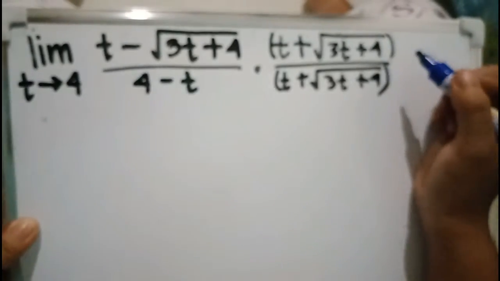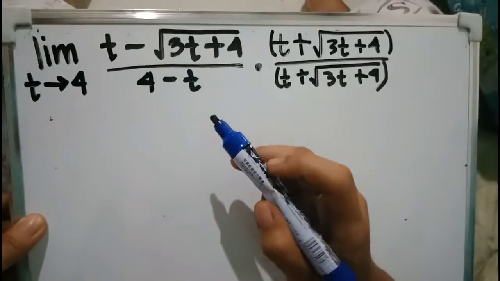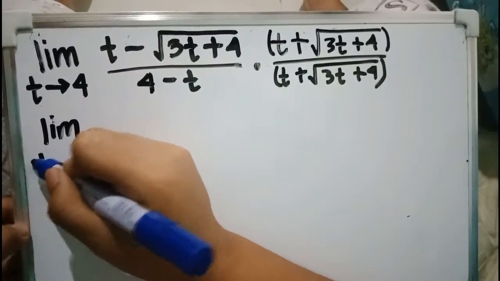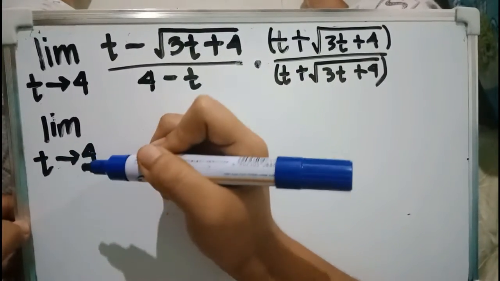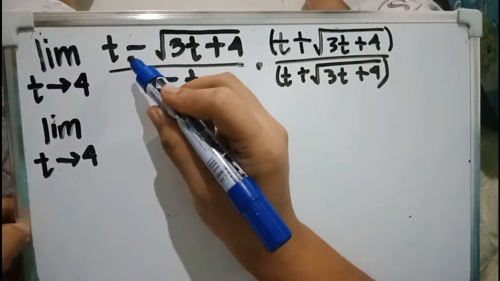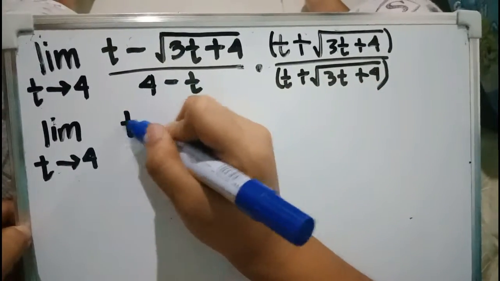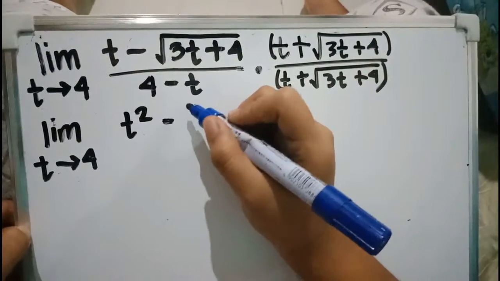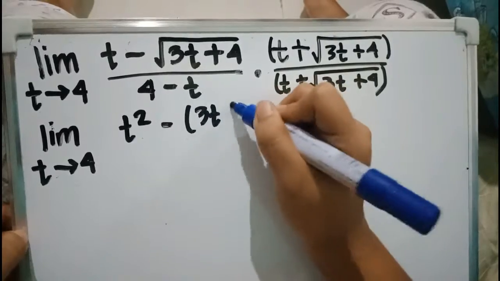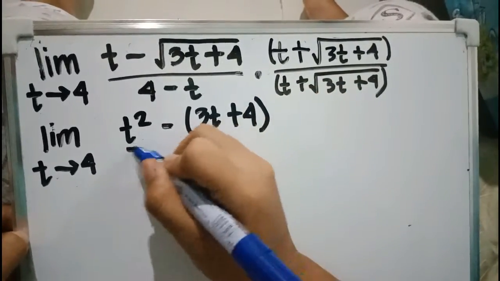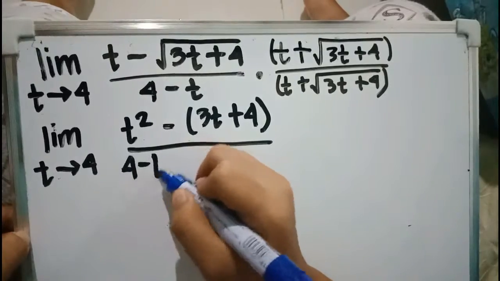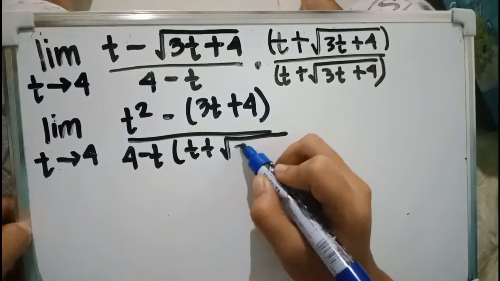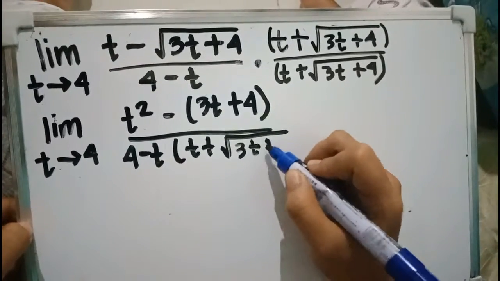Okay. So, after doing that, we're just going to multiply each of the terms. So this would be t times t, which is t squared, and the 2 square root would be negative 3t plus 4, over 4t, t plus 3t plus 4.